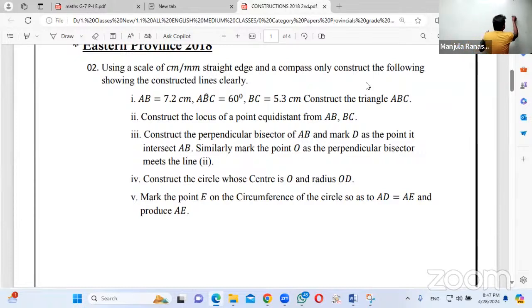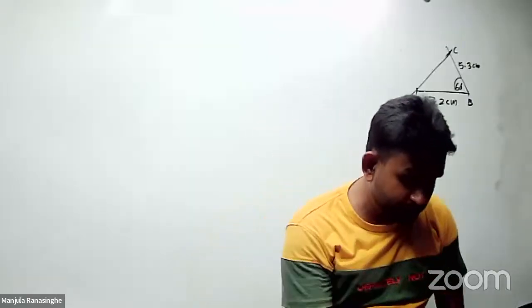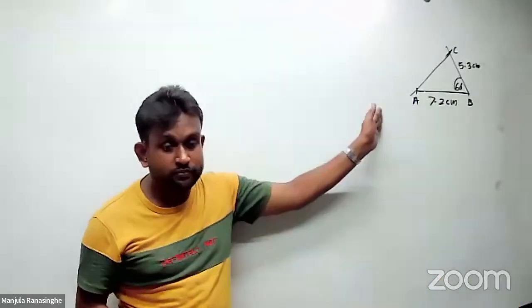I prefer AB, and I make a sketch of AB here, and that is 7.2 centimeters. Then angle ABC is 60 degrees, right, here 60 degrees, and then BC is 5.3 centimeters. Now you can see two sides and one angle are given here. So now you can create it. So this is my sketch. As per that, I can develop the triangle. So this is how you develop the triangle. That is the past paper question, the provincial question.